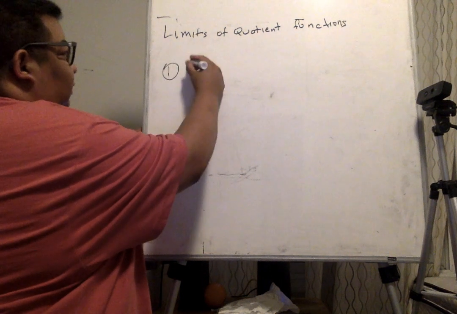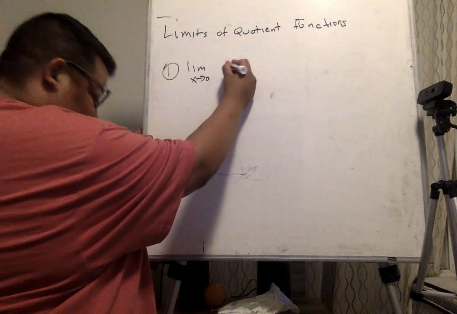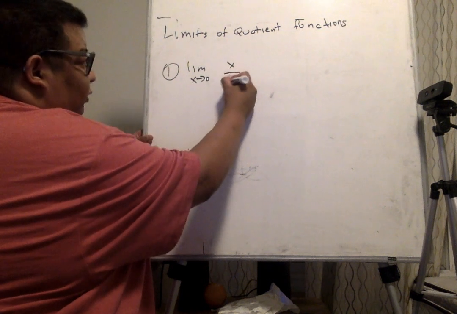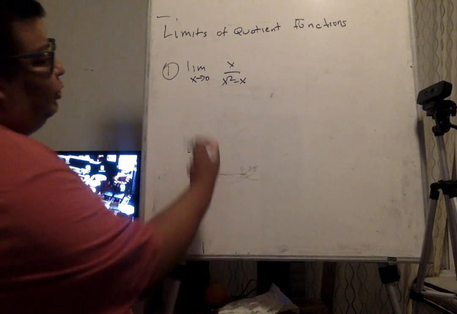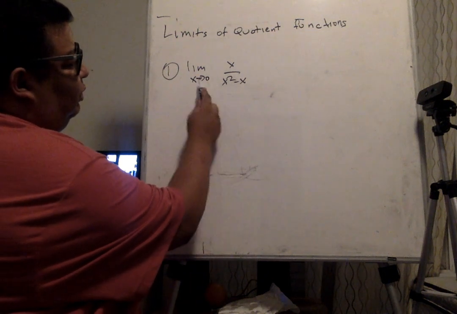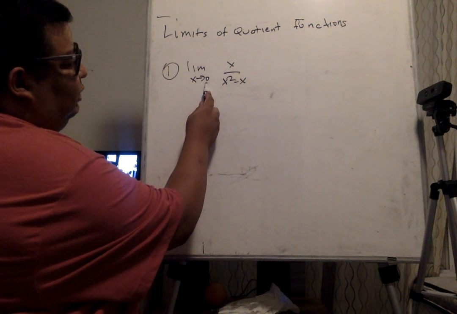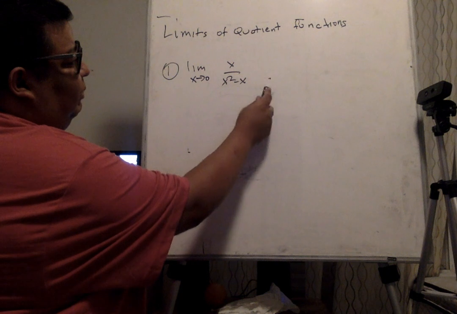Problem number 1. Limit as x approaches 0 of x over x squared minus x. Notice so far we've been talking about plugging in a number, the c number 0 into the function, and we get a limit.